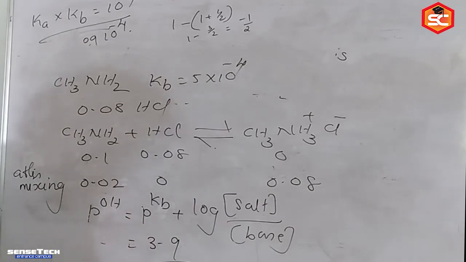From that we can find out the H plus ion concentration. So the final answer is 8 into 10 to the power minus 11 molar.